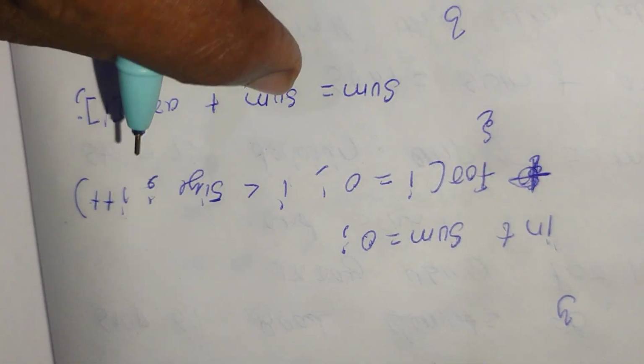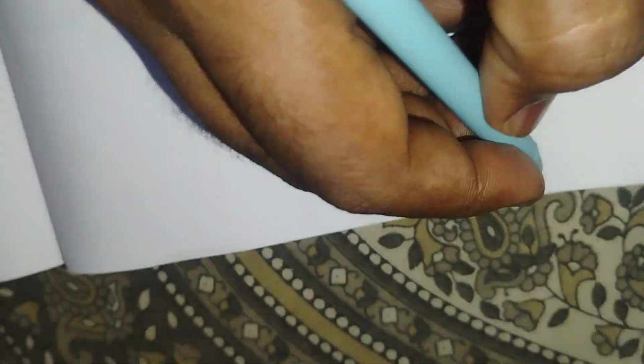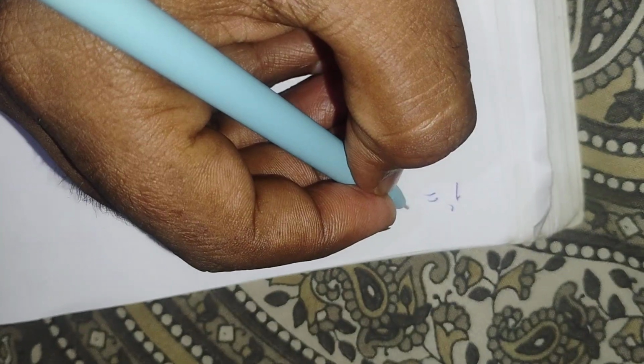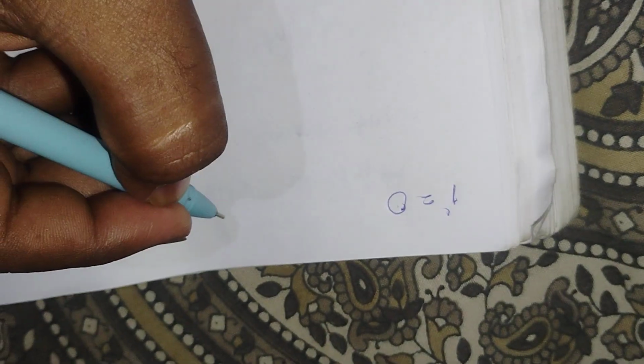I am going to dry run this program for your understanding. What is the start value? i is equal to 0.